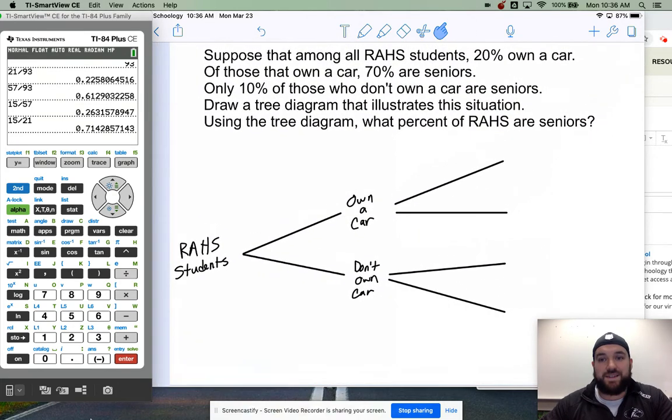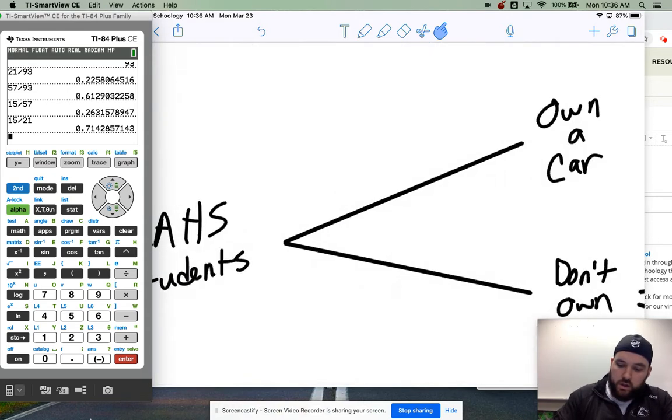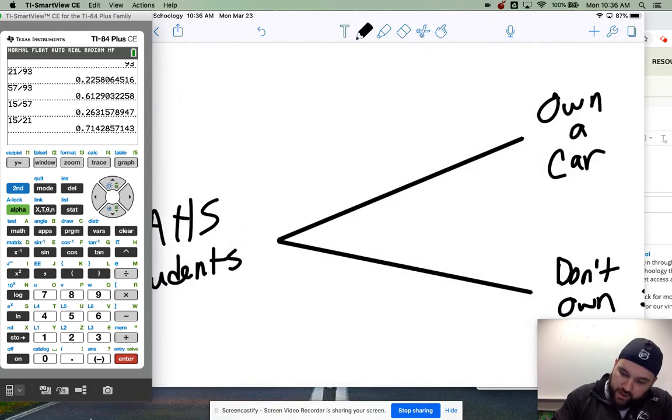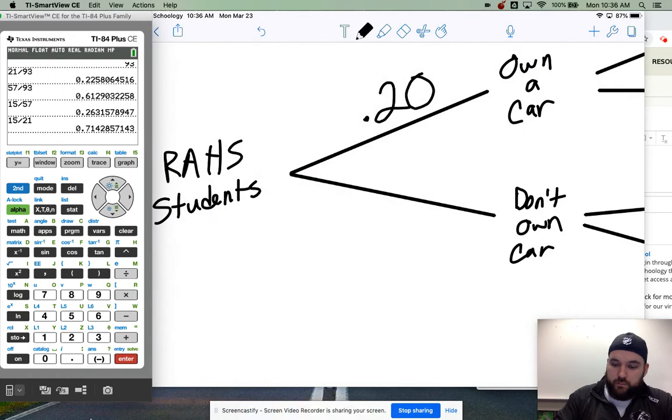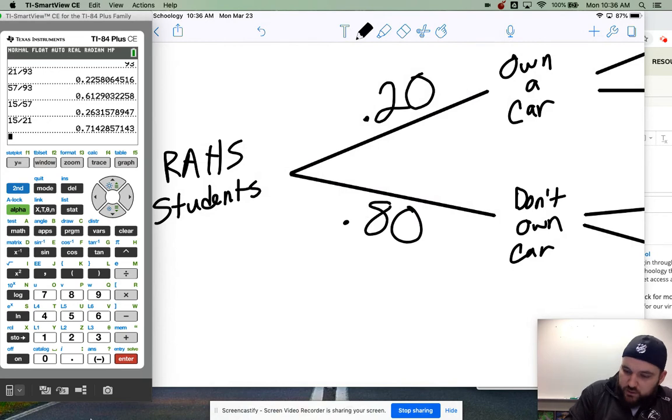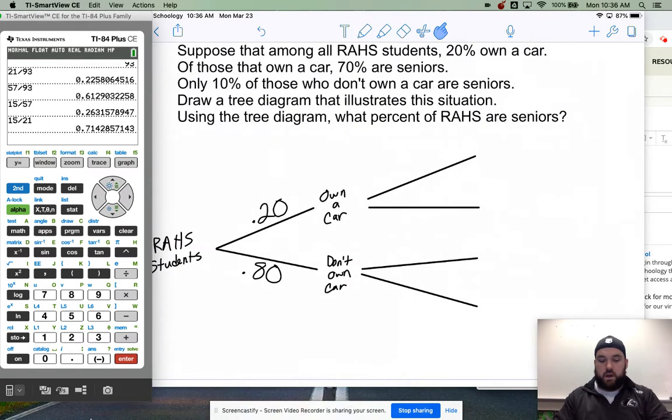And the statement says 20% own a car, so I'm going to put that probability right here. So 0.20 or 20% of people own a car. And then by default, everyone fits into one of the two categories, so the remaining people, or 80%, do not own a car. So if you're a student at ROS, 20% own a car, 80% don't.